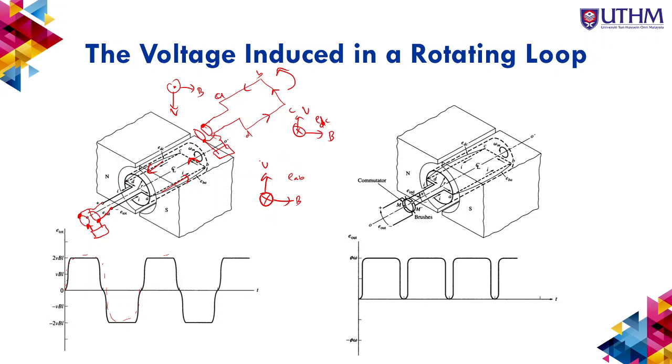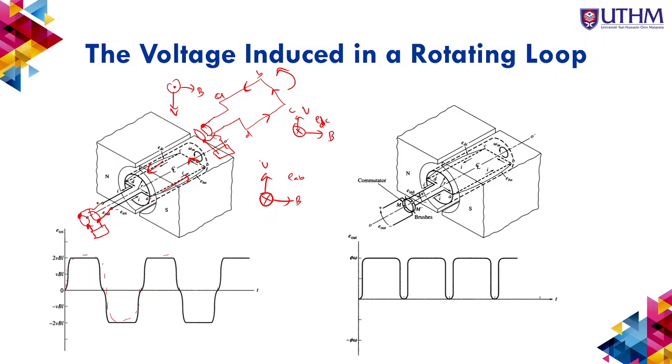For example, this A to B. Here, once we rotate, there will be B to A, because there is no other change to the slip ring, since they always connect together.